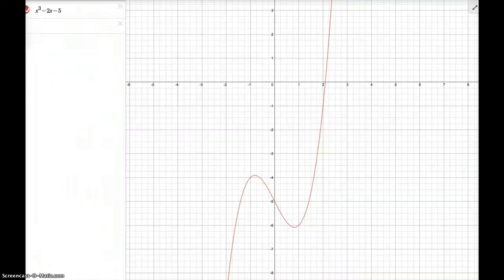Now let's take a look at the graph of x cubed minus 2x minus 5, which looks like this. So our initial guess, we started here at 2. We found the tangent line at that point, and then we approximated really close to that x-intercept, and then we used that to plug it in again.